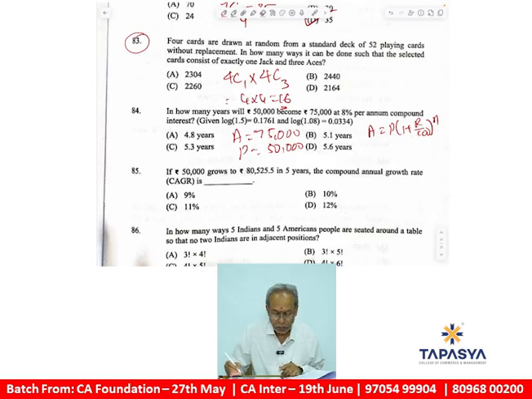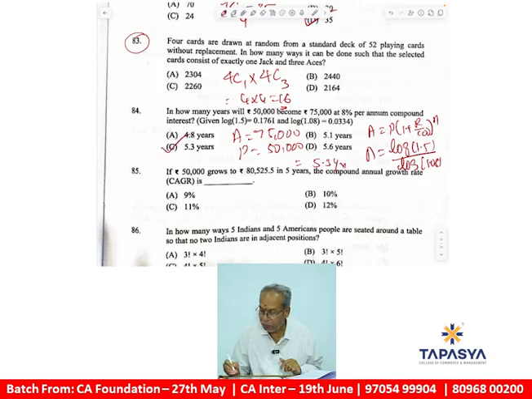This finally comes to a value N equal to log of 1.5 divided by log of 1.08, and that comes to approximately 5.3 years. Taking log on both sides and simplifying, you will get the answer. Log 1.5 by log 1.08, table values are given. Directly you can substitute it.